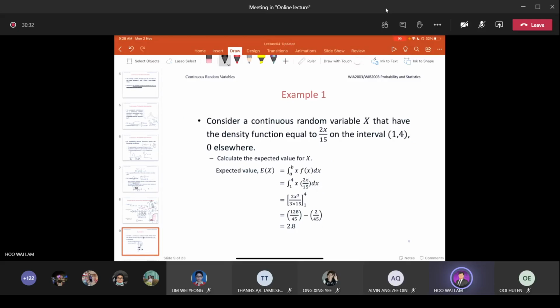Let me change back. I just visualized the function in a rough manner because I don't follow the exact shape. But if you follow the shape, since it's 2x divided by 15, when you recall your class about linear functions and the Cartesian map, it's supposed to be something like this.